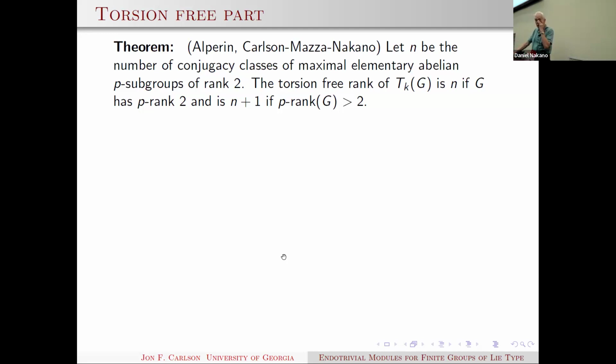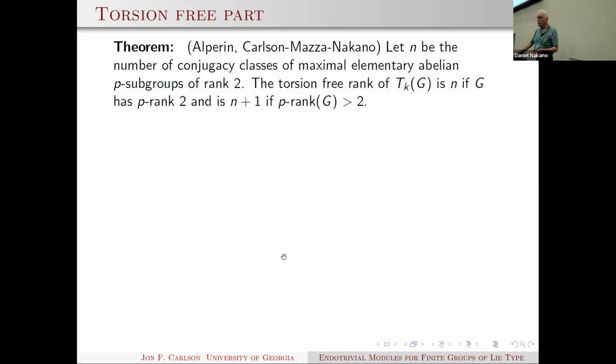If G has p-rank 2, that is the number n. If G has p-rank 3, then it's n plus 1. It's 1 more if the p-rank is 3. And so with this, if you want to figure out what the torsion-free rank of the endotrivial modules is, this is what you've got to look at.